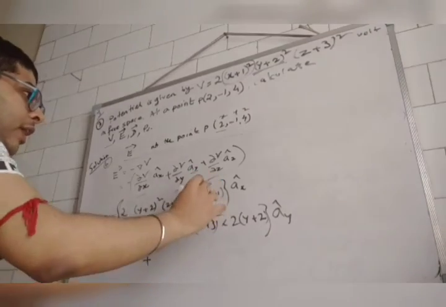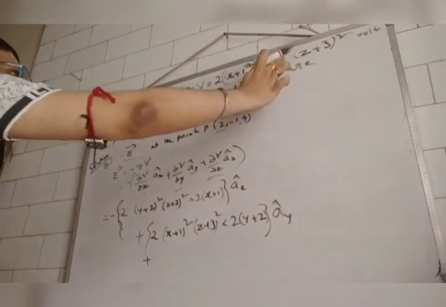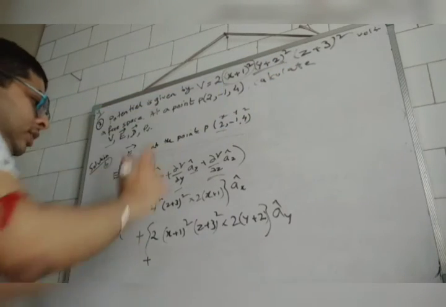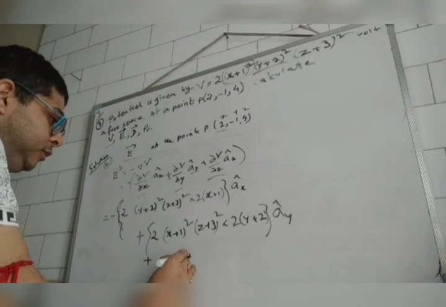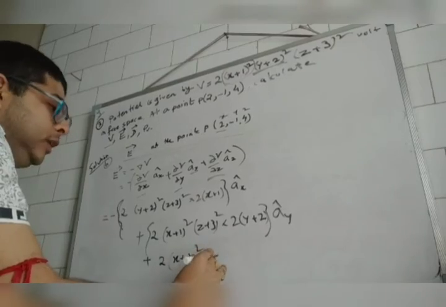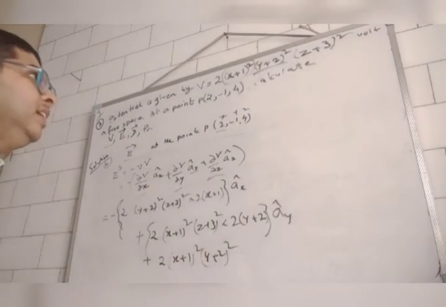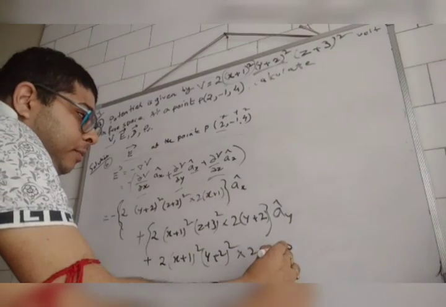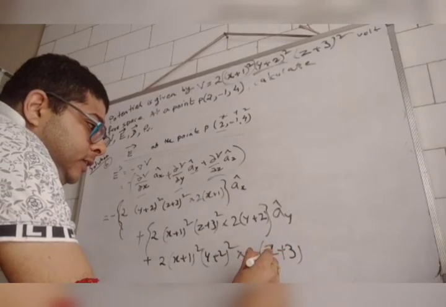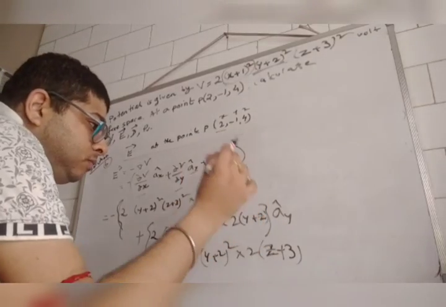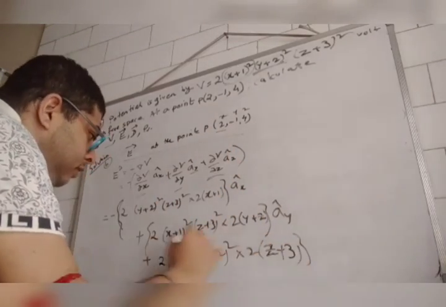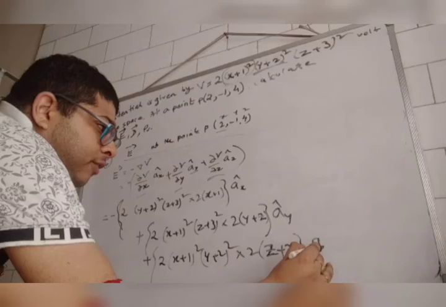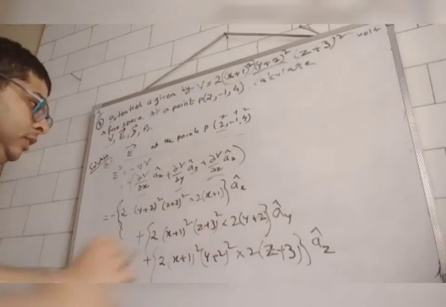Lastly, you need to calculate del v del z. Del v del z means this one. So this will act as a constant. So let us write that one first, (x+1) whole square, (y+2) whole square. This will be constant. And if you differentiate this, we will be having another 2 here, and we will be having z plus 3. And of course, we should give the unit vector, this one.